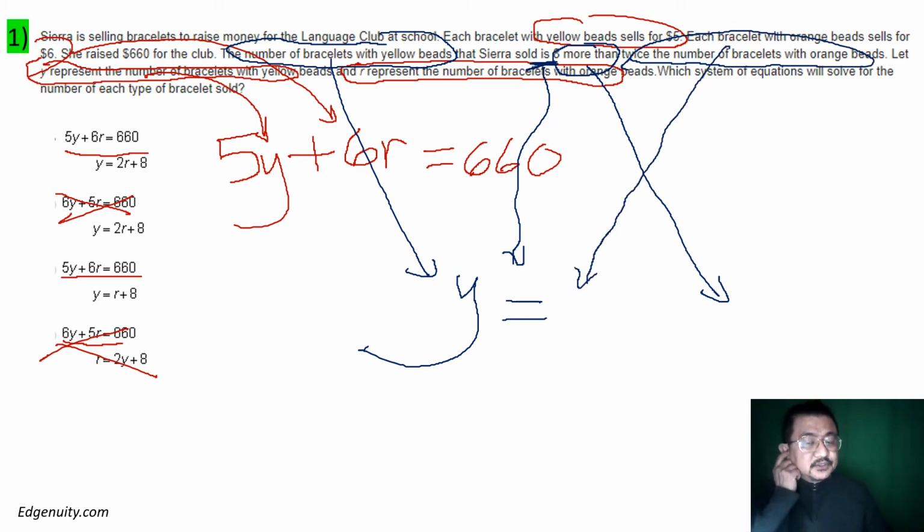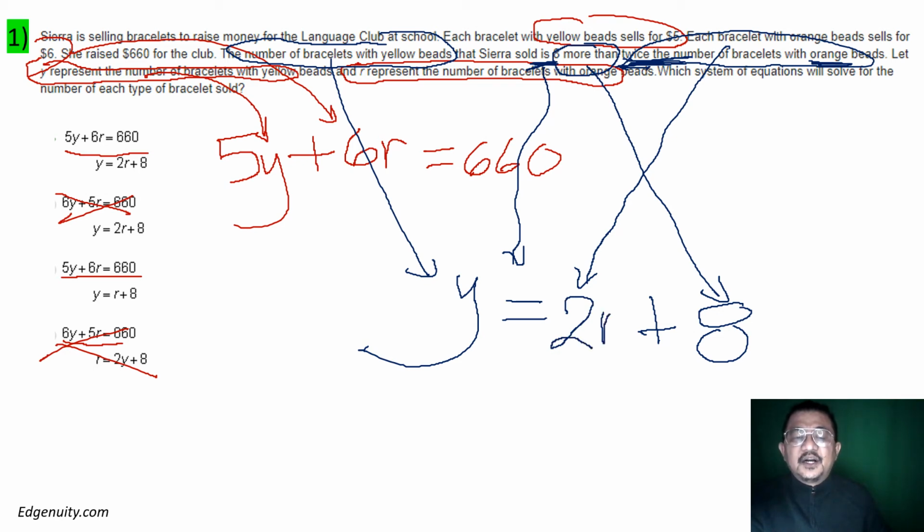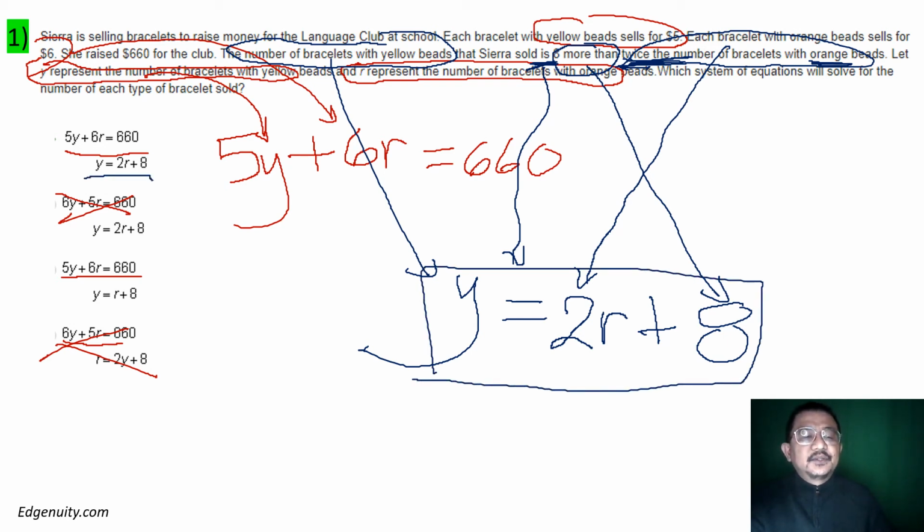So plus 8 was added to the twice. Twice means times 2 orange. How do you write that? Twice the orange, 2R. All right, so which equation would have this one? This one is okay, but not the first one. No, you forgot the twice, so it cannot be that one. Definitely, this is the correct answer. Got it?